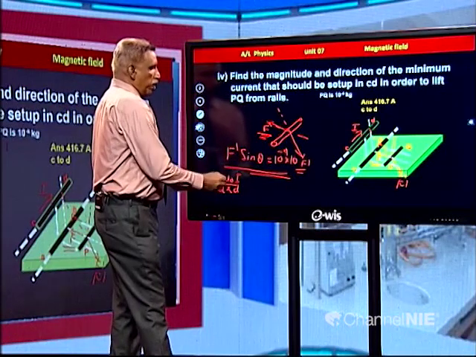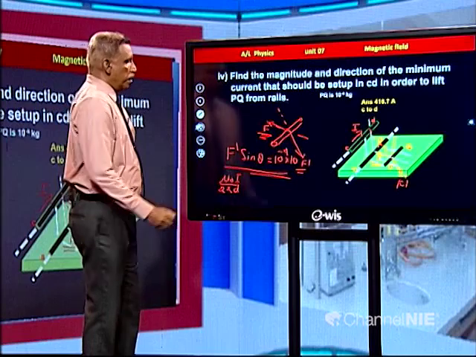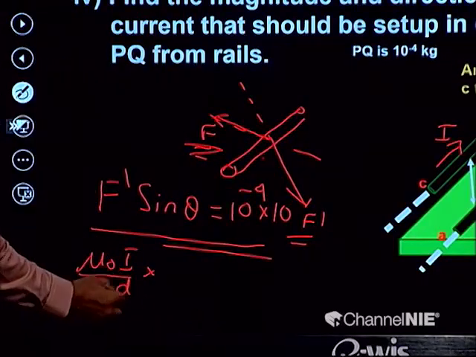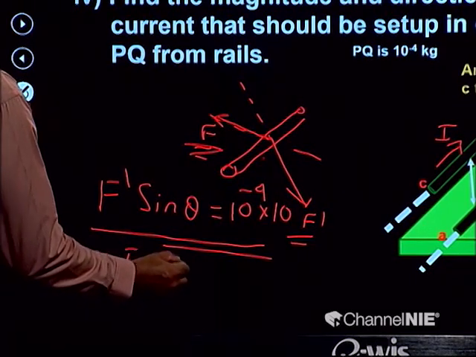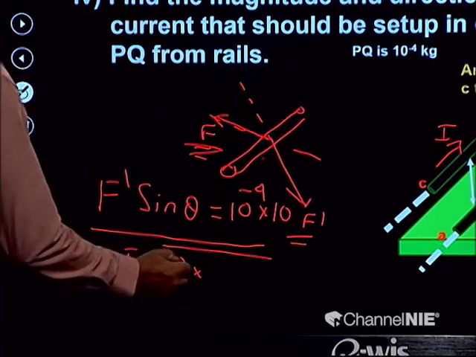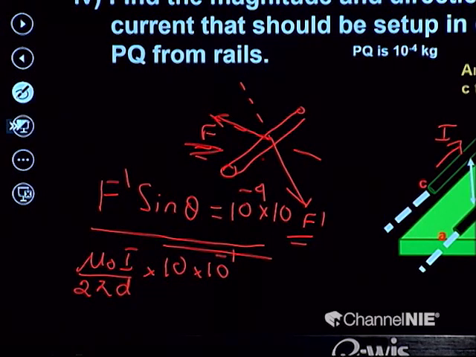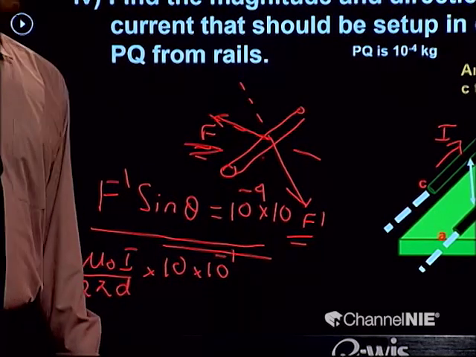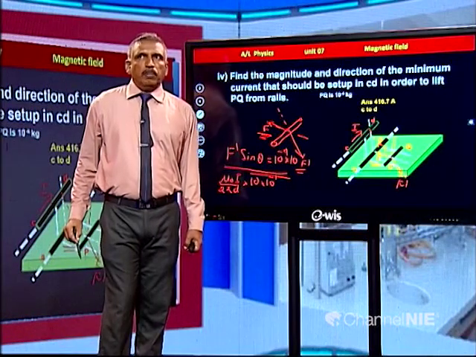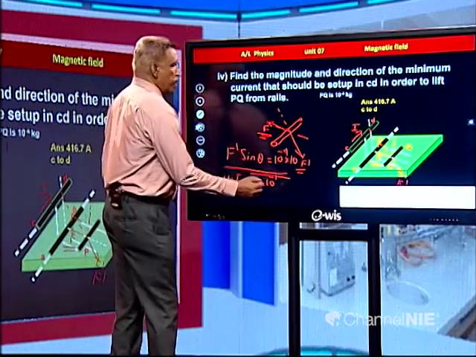Mu naught over 2 pi we already know, 2 into 10 to the power minus 7. And I is the current passed through the conductor PQ, that is in A. And the length of PQ is 10 to the power minus 1. This is the force acting on PQ due to this conductor CD. This is a new force because we changed the current I. So what is sin theta?